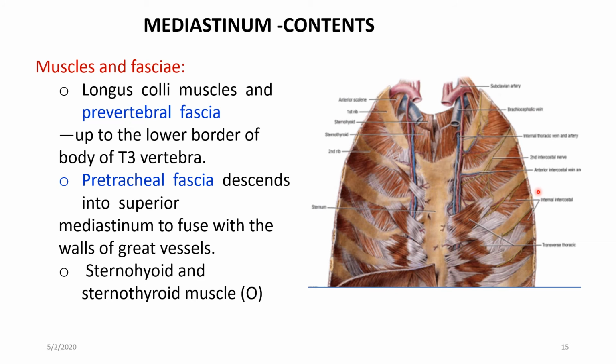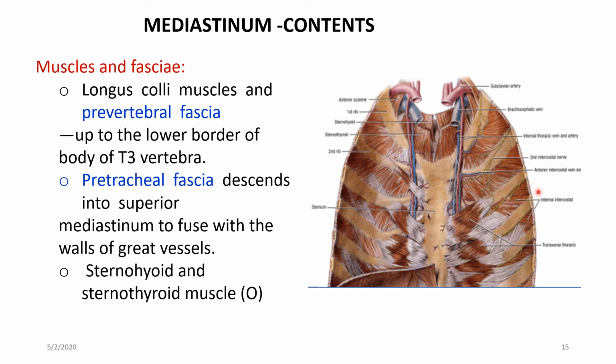Then there is a pretracheal fascia, which is seen in front of the trachea in the neck, and it extends down into the superior mediastinum, where it fuses with the walls of great vessels, the aorta, pulmonary trunk, and their branches.